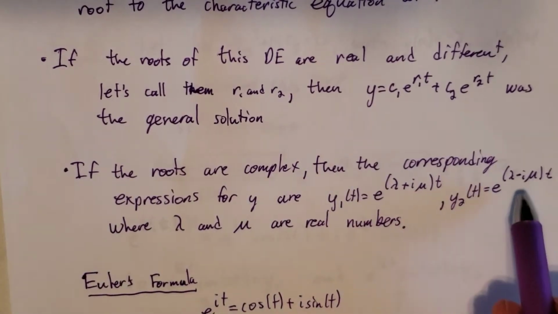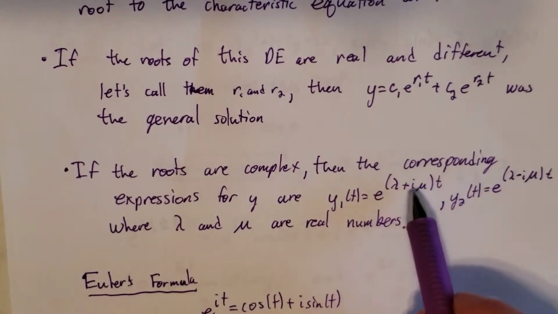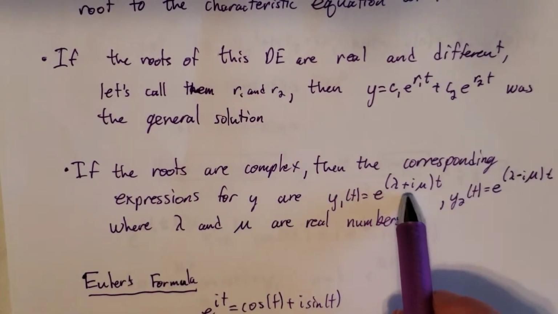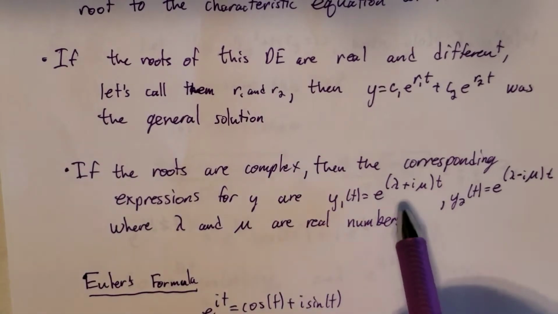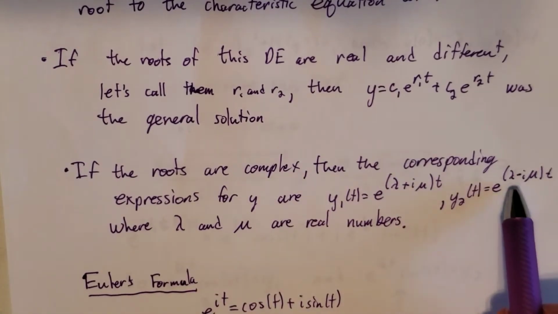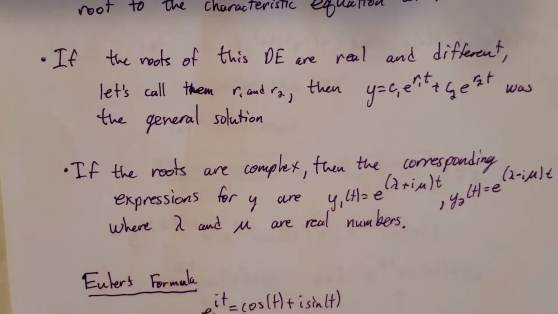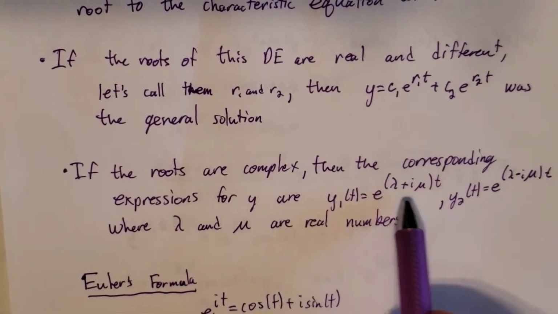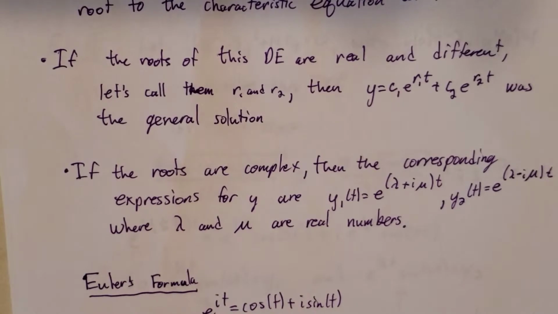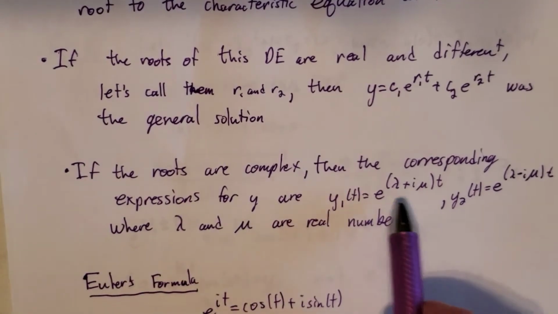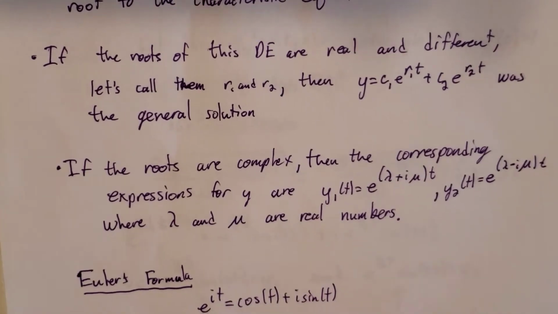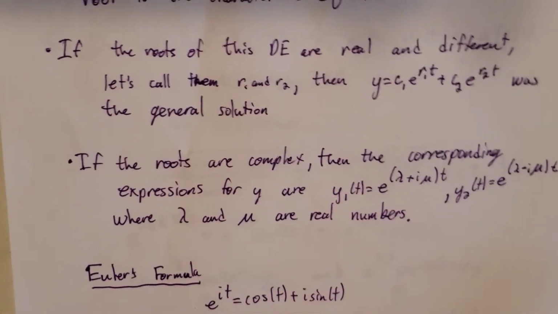Notice here, if the root r is a complex value, lambda plus i mu, then the other root is its complex conjugate, lambda minus i mu. Those would be the two r values, and we just replaced r with those complex values, giving e to the lambda plus i mu t as our first solution, and the complex conjugate for the second solution.